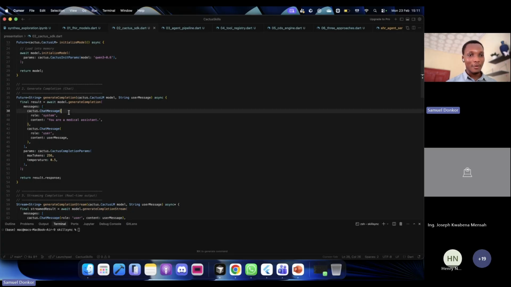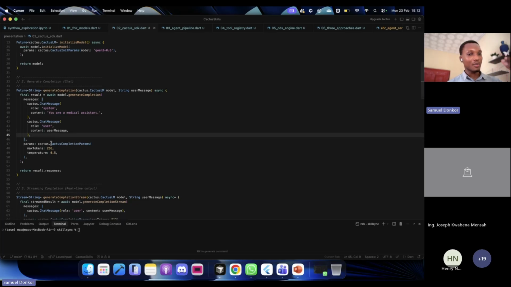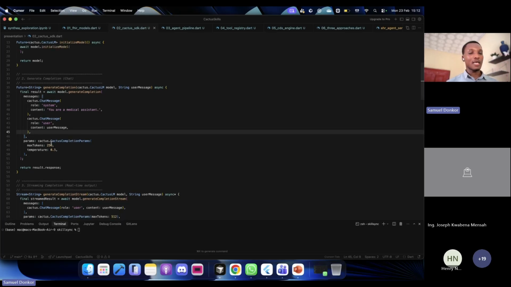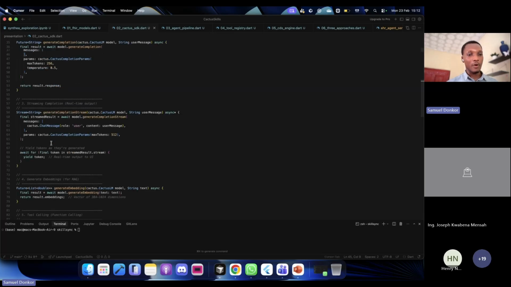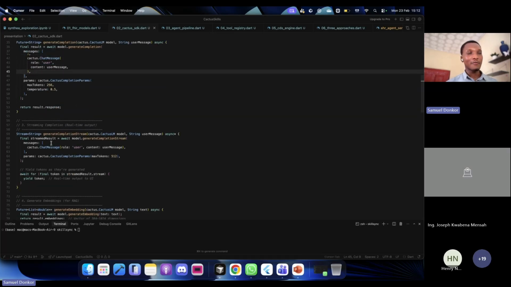So we have the chat message, which specifies the system prompts and all that. Yeah, so you have the messages, which is an array of the system prompts and also the user message, right? And then right from here, you can start getting an output from the LLM, right? Specifically, if you use ChatGPT or whatever, the response comes as it's generating, right?